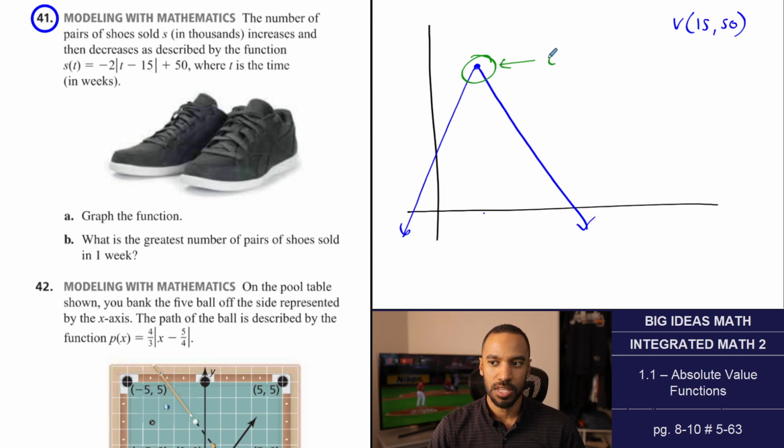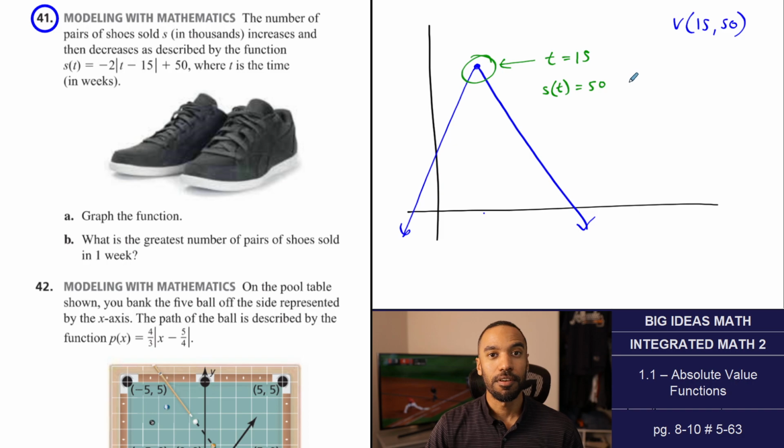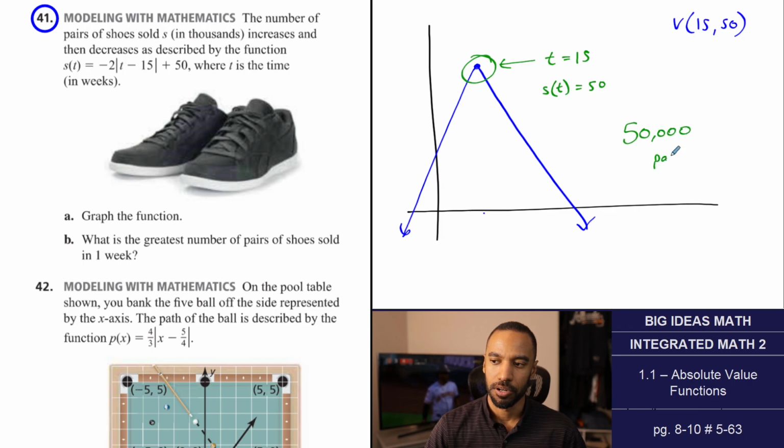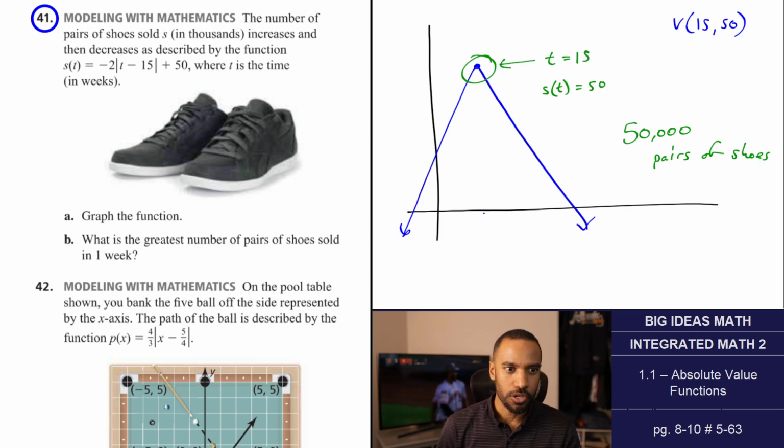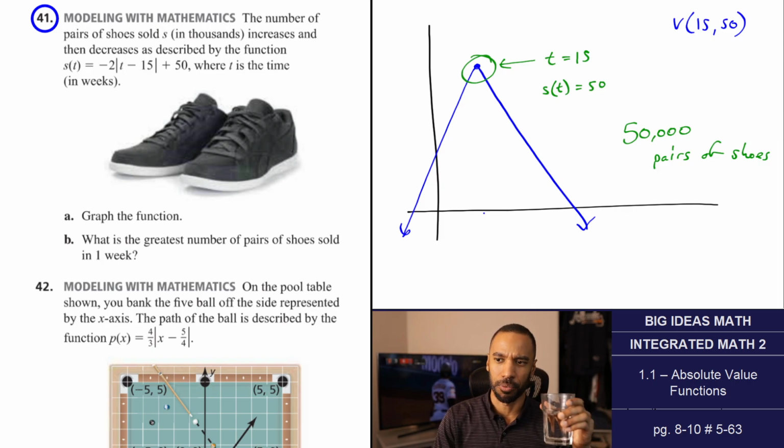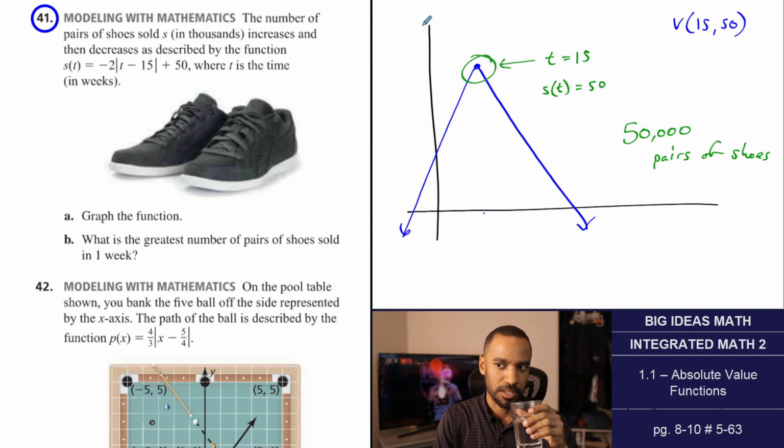When t is 15 weeks, S of t is 50, or S of 15 is 50. 50 is 50,000. What is the greatest number of pairs of shoes sold in 1 week? 50,000 pairs of shoes. I thought it said after 1 week, so you would plug in 1 for t, and I don't think we're doing that. But there's my basic look of the problem.